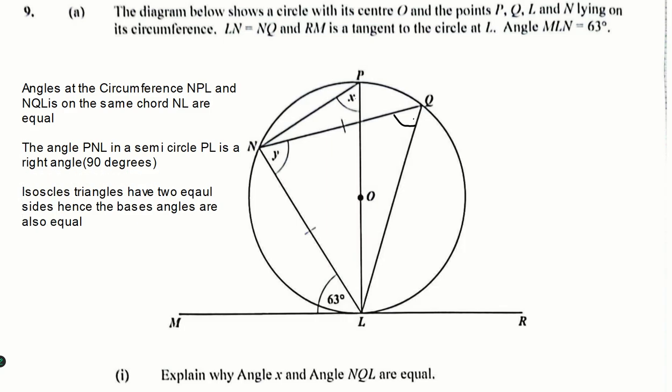So the isosceles triangle LNQ has two equal sides. The two equal sides they told you were LN and NQ.